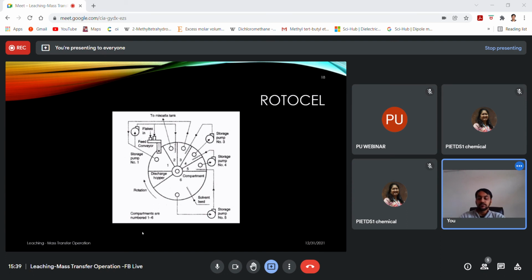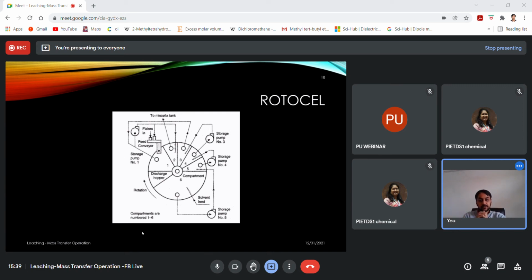Another equipment is the rotocell. I am not going into detail because time does not permit, but you can see the figure. It is a similar kind of arrangement, but with rotation of the compartments. So there is a little difference from continuous counter current decantation, where there were 4 different reactors.